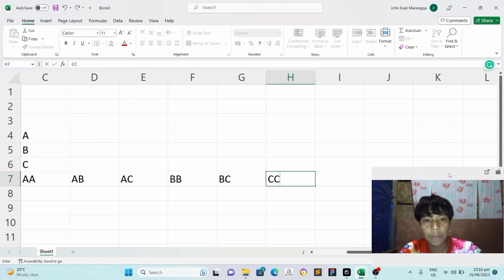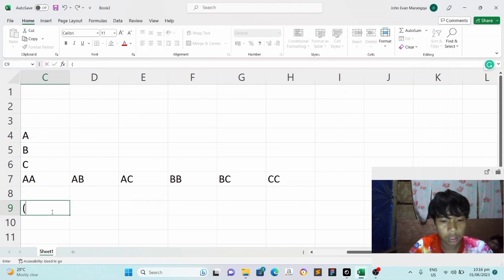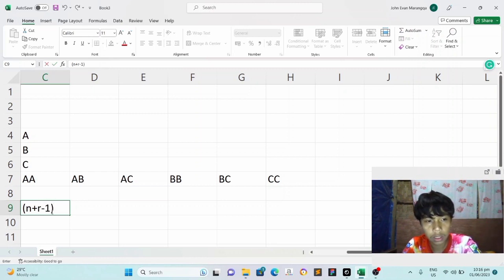does not matter. To determine the total number of combinations in this case, we use the formula for combination with repetition, which is given by (n plus r minus 1) C r, where n represents the number of distinct objects or elements available.